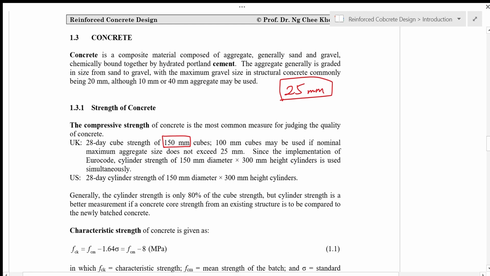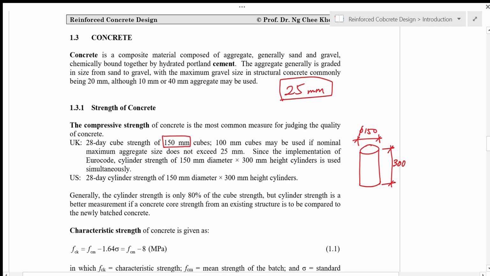Since the implementation of Eurocode, cylinder strength of 150 mm diameter by 300 mm height is used simultaneously. So in this case we have a cylinder where the diameter is 150 mm and the height is 300 mm.